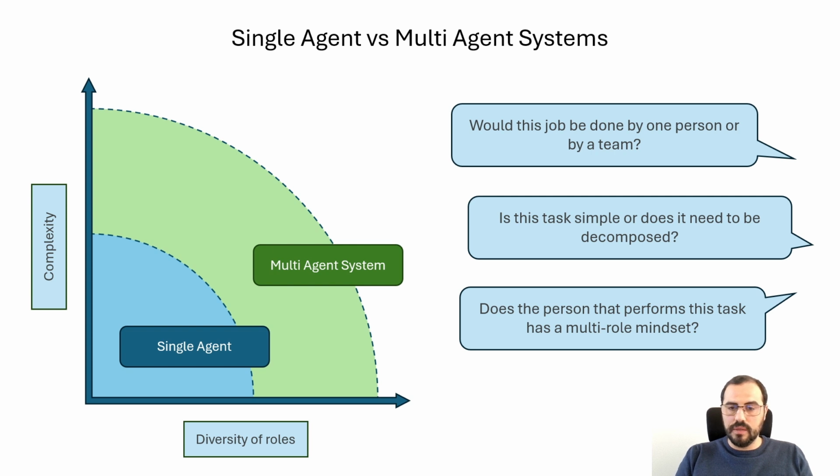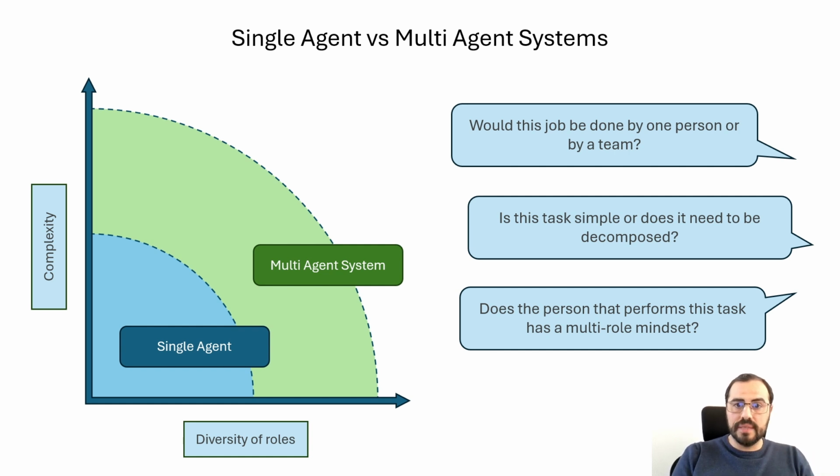Because most likely, if it would be done by a team, it would also need to be performed by a multi-agent system, because it's easier to divide the tasks of the different team members into different agents, and it's easier to replicate the way the team would work in the same way that the multi-agent system works between the agents.